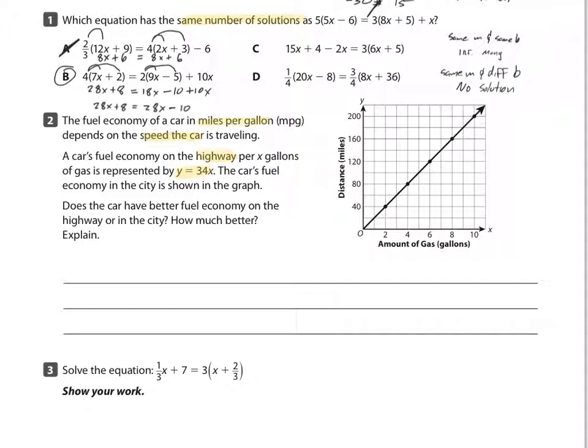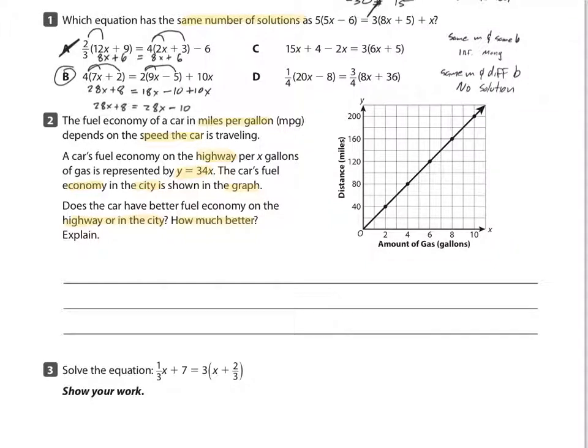So to figure out the economy in the city, we need to pay attention to the graph. The question is, does the car have better fuel economy on the highway or in the city? So we need to compare the highway or the city. The second question tells you how much better.